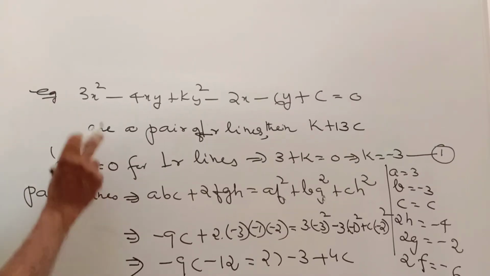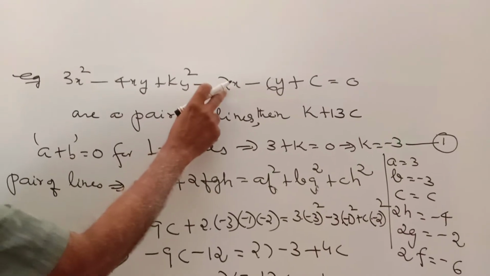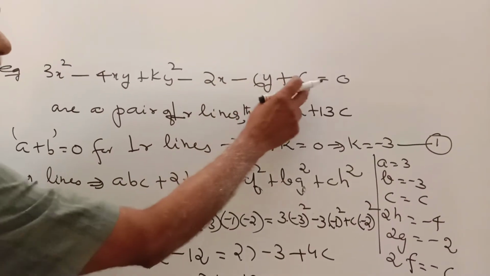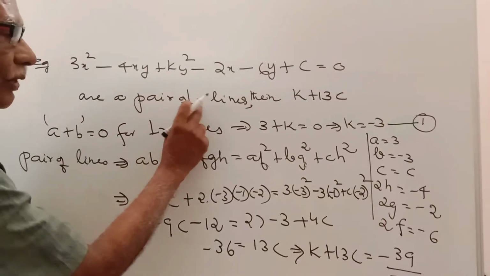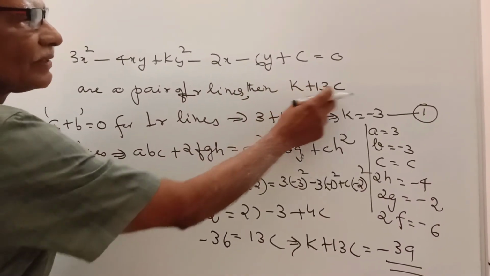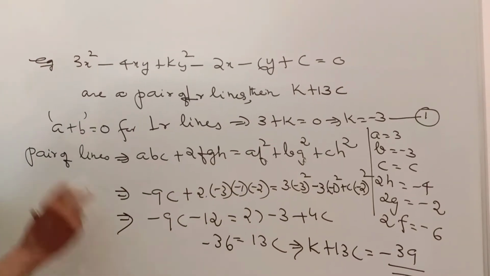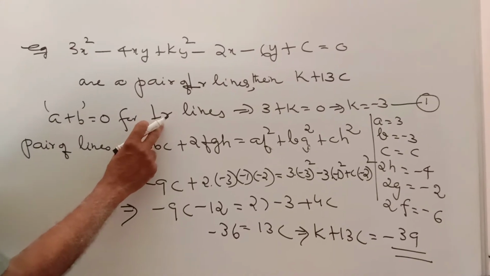We consider 3x squared minus 4xy plus ky squared minus 2x minus 6y plus c equal to 0 as a pair of perpendicular lines. Then what is the value of k plus 13c? Now a plus b equal to 0 is the condition for perpendicular lines.